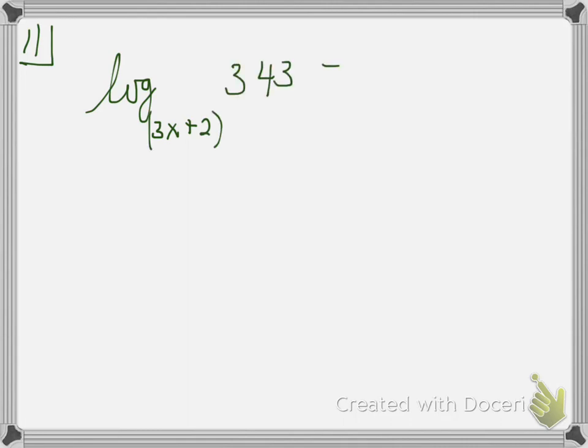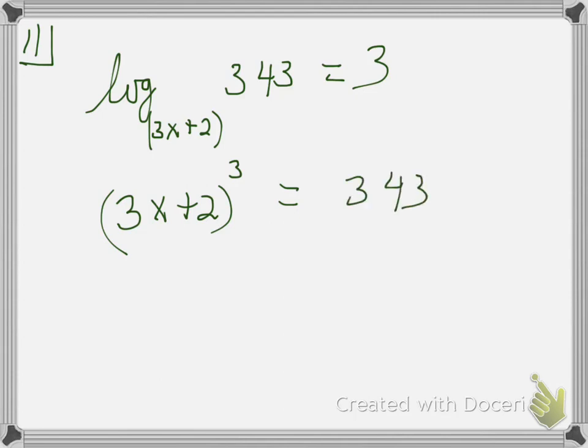Now, that brings us to number 11. Number 11 is the log of base 3x plus 2 of 343 equaling 3. Again, we want to get rid of the logarithm. So we write this 3x plus 2 raised to the third power equals 343.